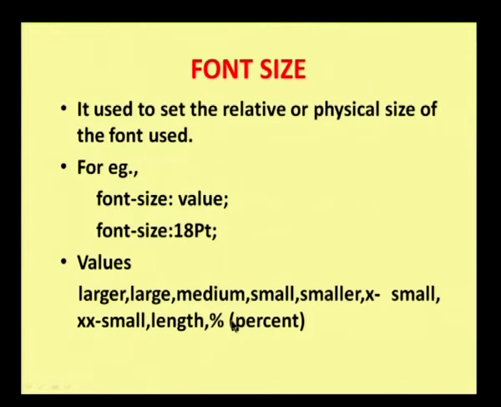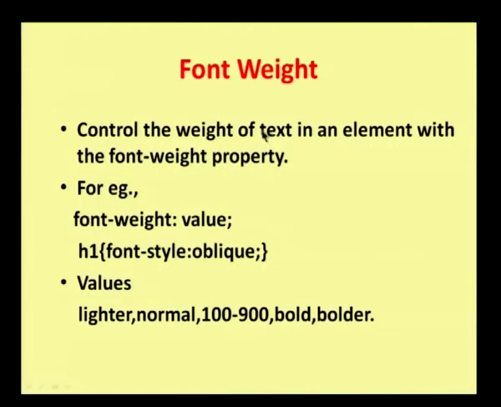The next font property is font weight. It controls the weight of the text in a particular element with the font weight property. In a similar manner as font size, we can define font weight and the value. For example, the heading content should be displayed with the weight of oblique.